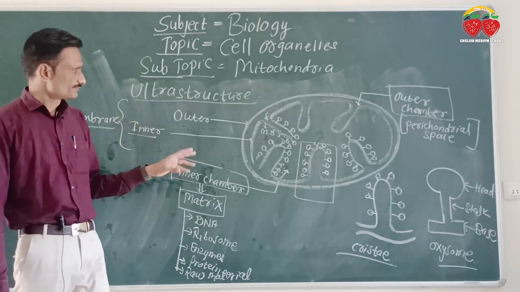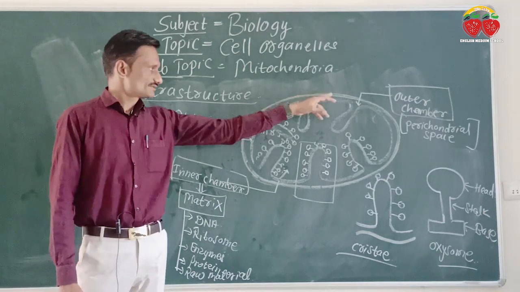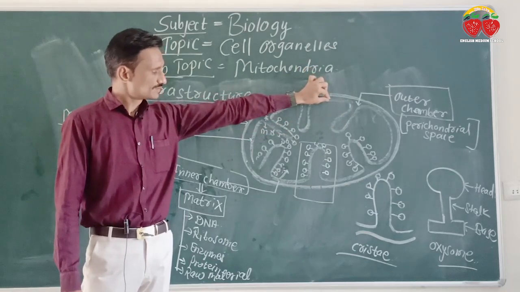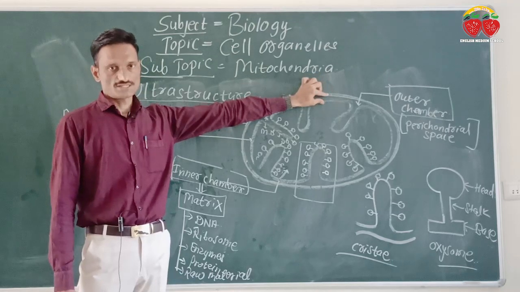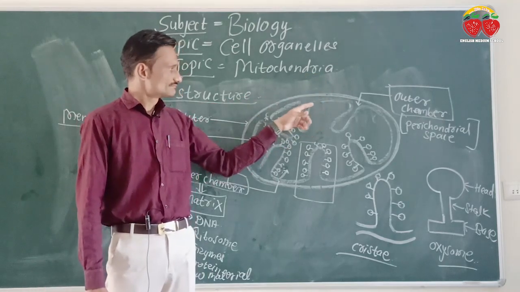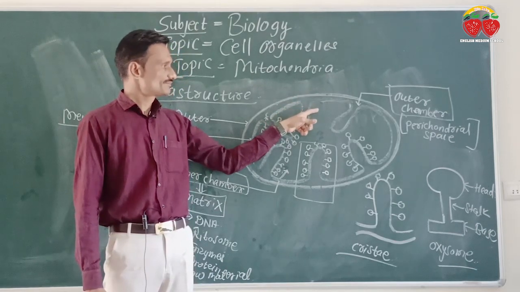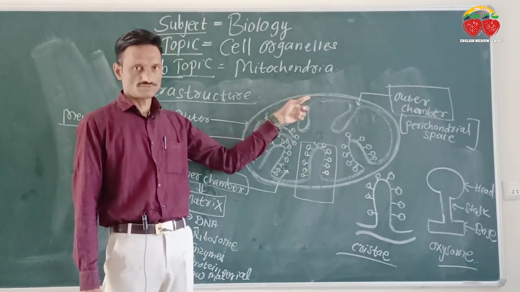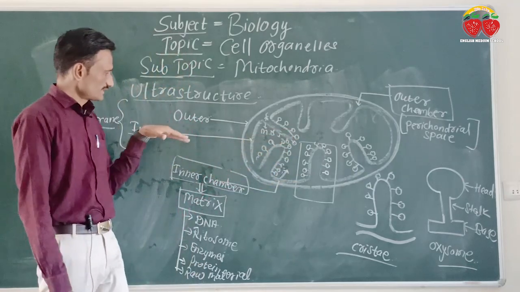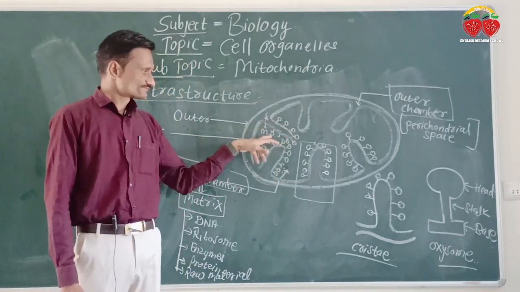But there are also some adhesion points, where both the membranes come close into contact, and through those points they exchange material between the outer membrane and inner membrane. Inside the inner membrane, what is present?